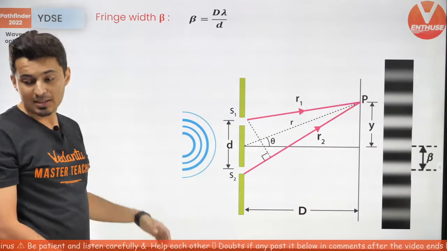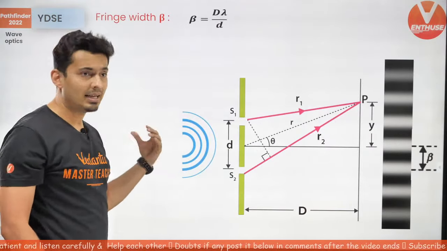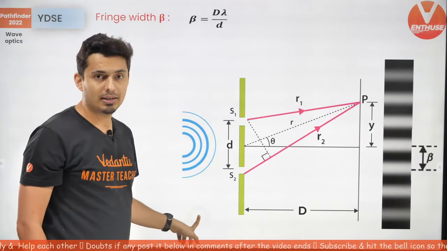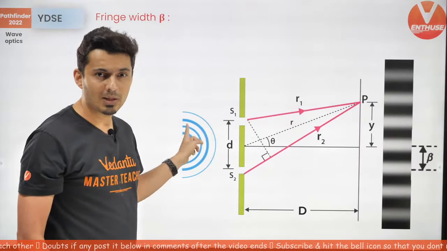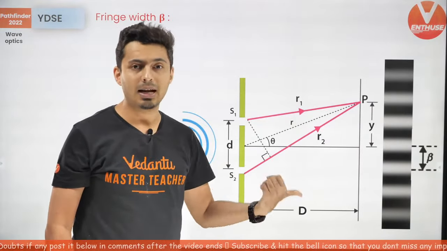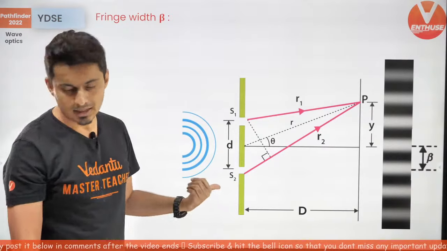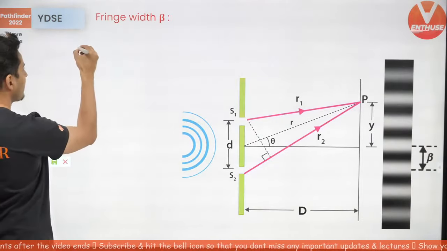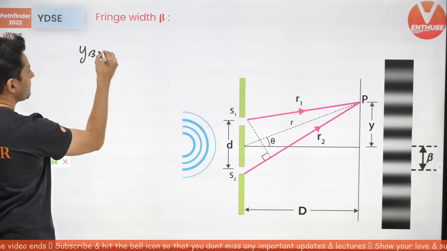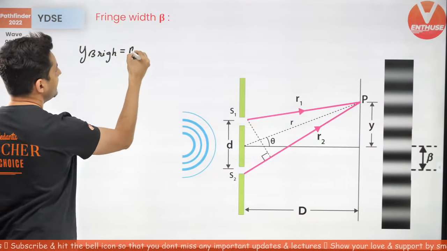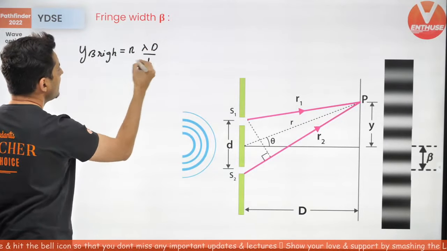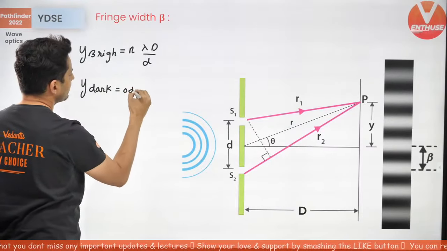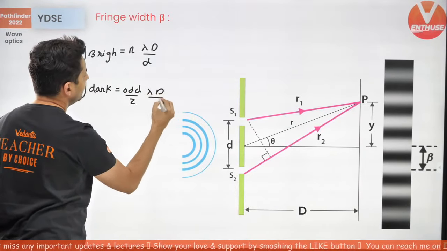Now, the position of dark fringes, I just gave it to you in the previous slide. Remember, I gave you n lambda D by d and odd lambda D by 2d, those formulas. Those are the positions of the bright and the dark fringes. So y for bright is n times lambda D by d, and y for dark will be odd times lambda D by 2d.